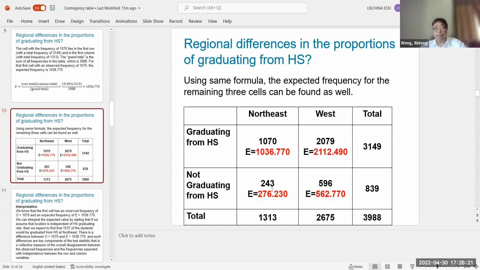What's wrong? Why is what we expected, what we think it should be, different from what we really observed in our sample?